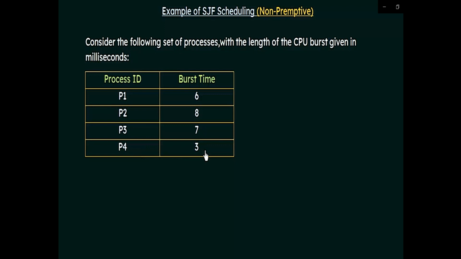Now here we have 4 processes and the burst time is given for each process. Here we consider that all the processes arrive at the same time.